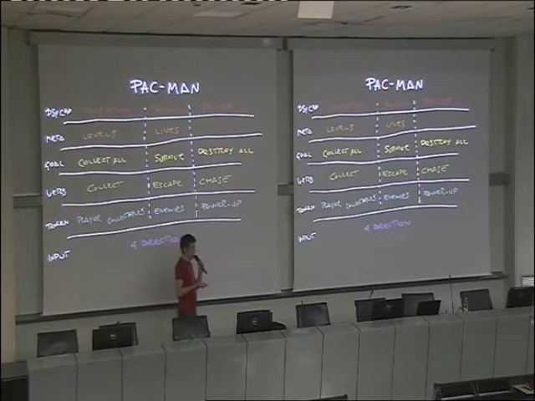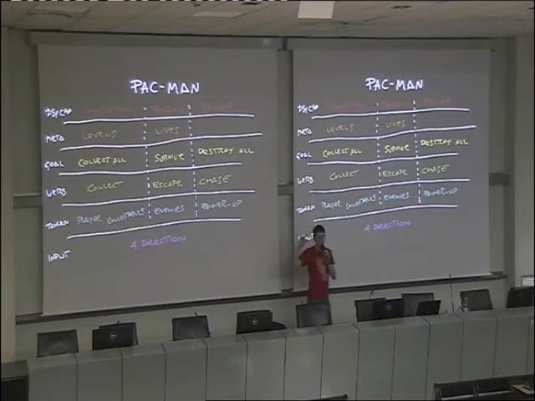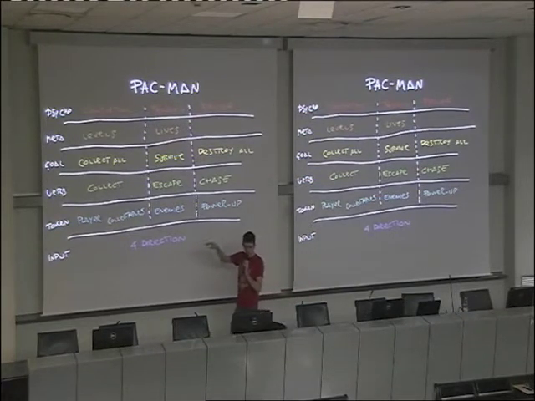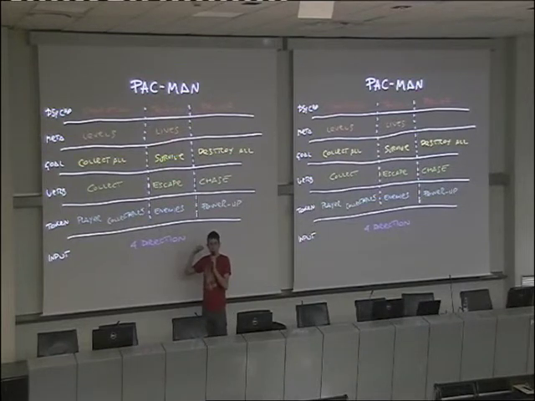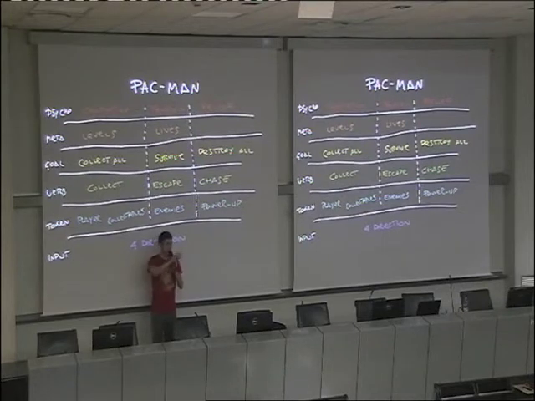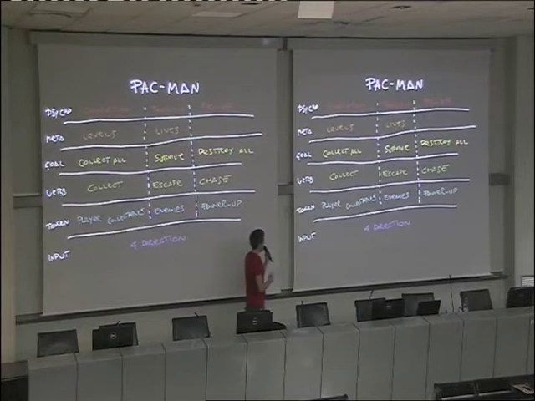Did you know that if you move in a corridor without pellets, your speed is higher, so you move faster than when you hit things? So there are a lot of subtleties in this game; it's not as easy as it seems.